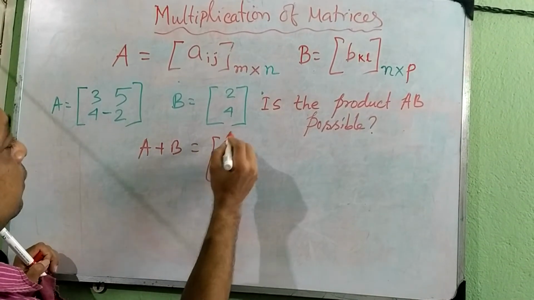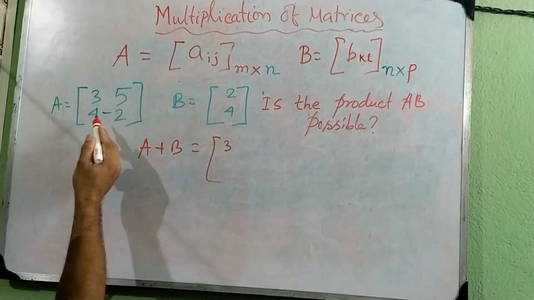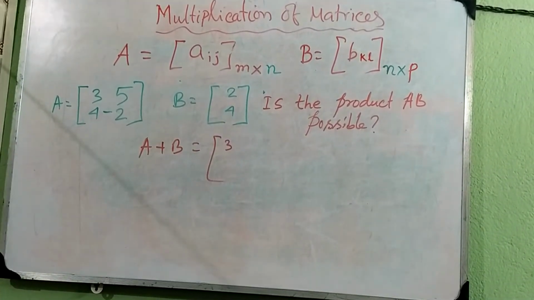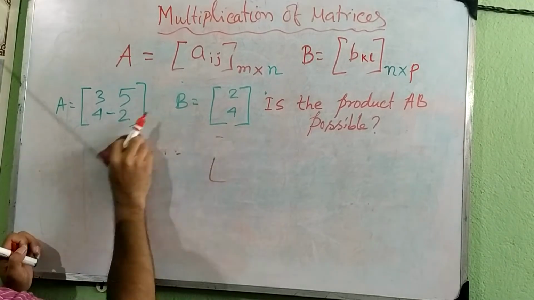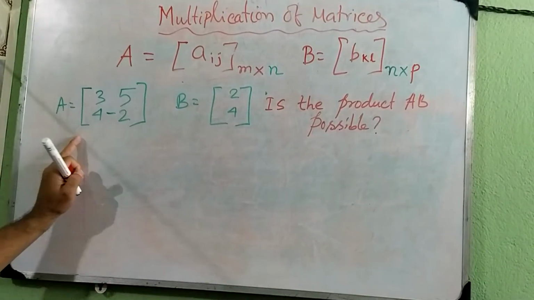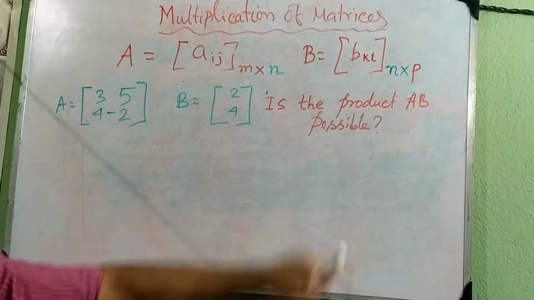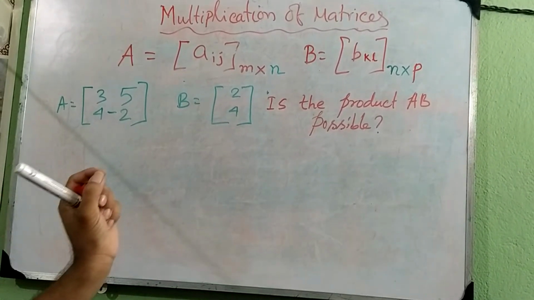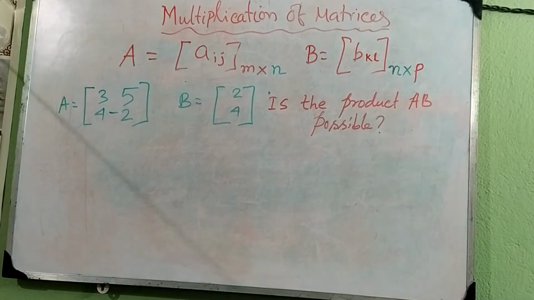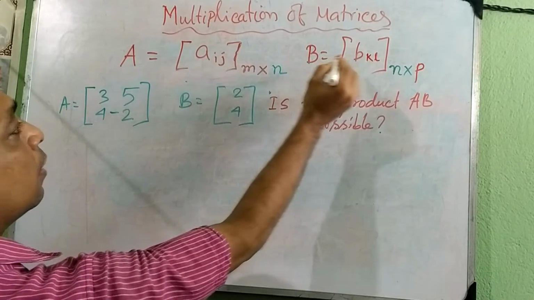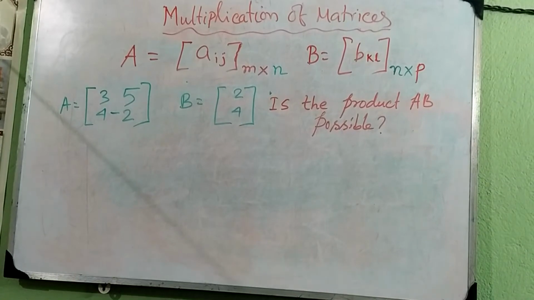Here it is not possible because both matrices are supposed to be of the same order; only then can we say two matrices can be added or subtracted. Now here, if you take the product of this matrix and this matrix, is the product AB possible? For that we have to know the formula for multiplying two matrices.